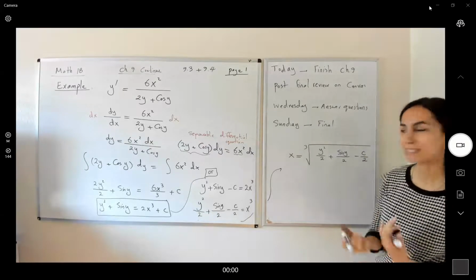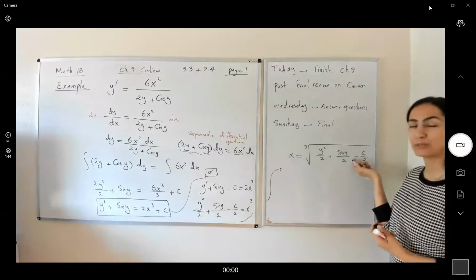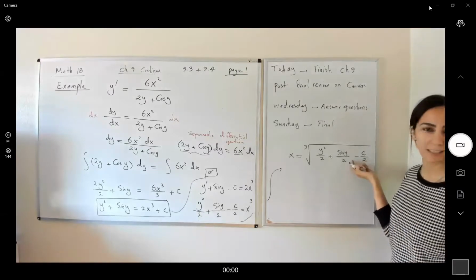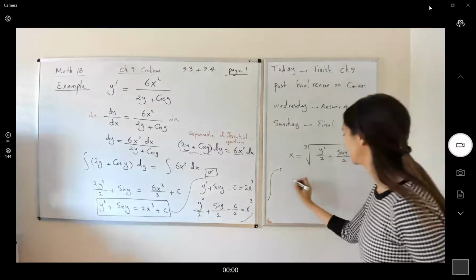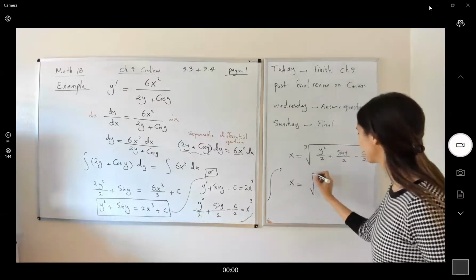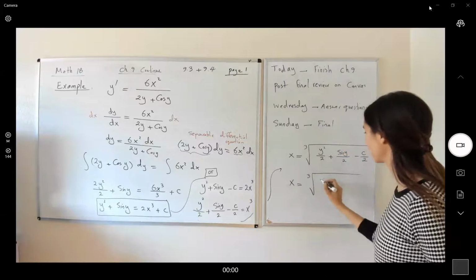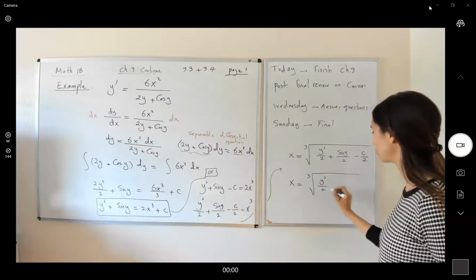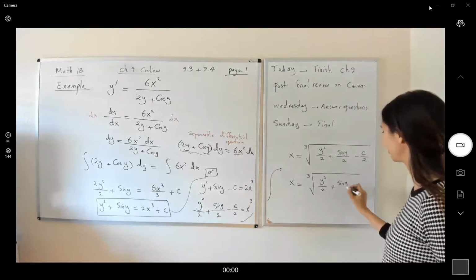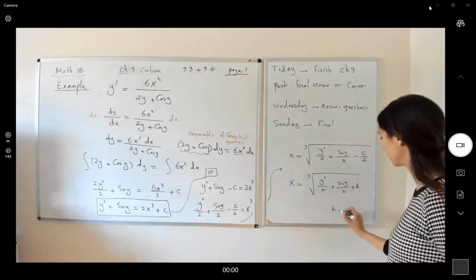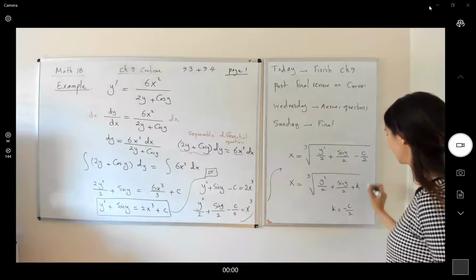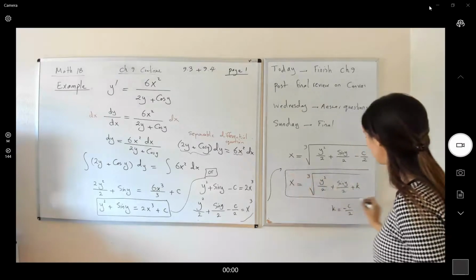And for simplicity, we use a new constant like k, replacing negative c divided by 2. So x is the third root of y squared over 2 plus sine y over 2 plus k. And k is minus c divided by 2.